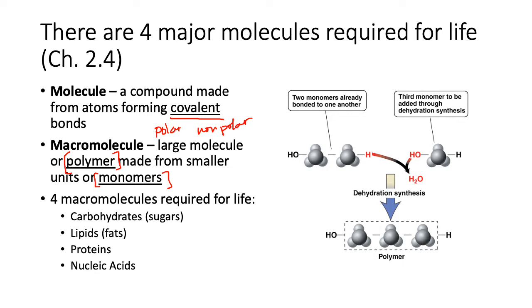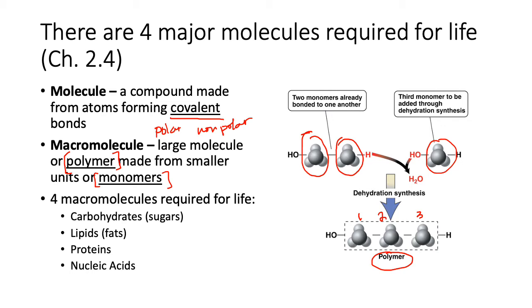So something to keep in mind is that for all of the macromolecules that we talk about, there are these monomers, which are shown in gray in this picture here. And those monomers need to be linked together in order to create a polymer that we see here at the bottom. So notice there are 3 monomers that are linked together to create this larger structure.